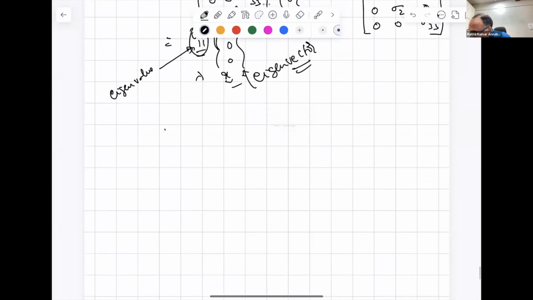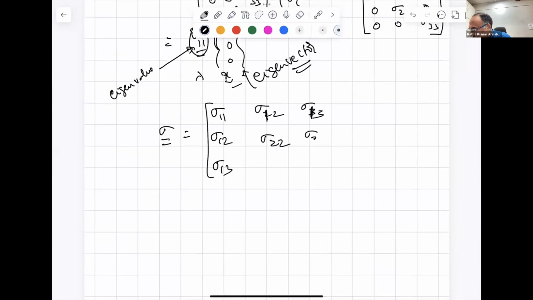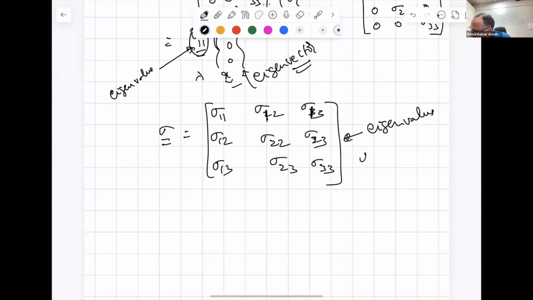So if I take my sigma matrix, sigma 11, sigma 12, sigma 13, sigma 12, sigma 22, sigma 23, sigma 13, sigma 23, sigma 33, and find the eigenvalues of this, then they will be sigma 1, sigma 2, and sigma 3.